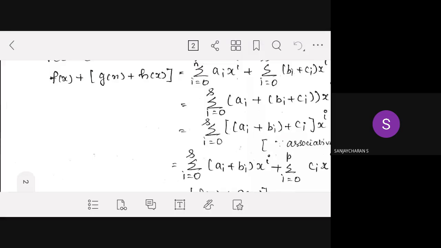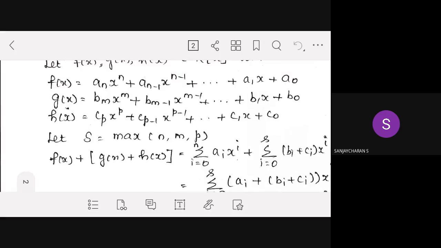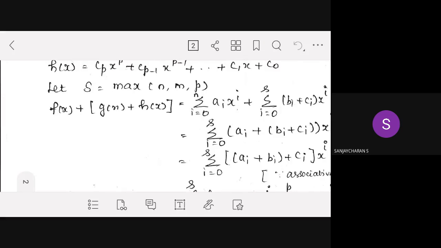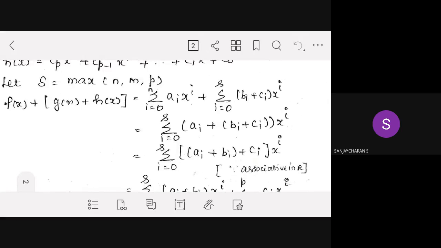I will continue with associative. Okay, so f of x plus g of x plus h of x I am defining. So s is the maximum of n, m and p. I am taking that. If you put that, we get ai plus, so actually the coefficients all belong to R. So the associative property is directly applicable. So (ai plus bi) plus ci is also equal to ai plus (bi plus ci). Because associativity is applicable in R, it is applicable for the coefficients of the polynomial.